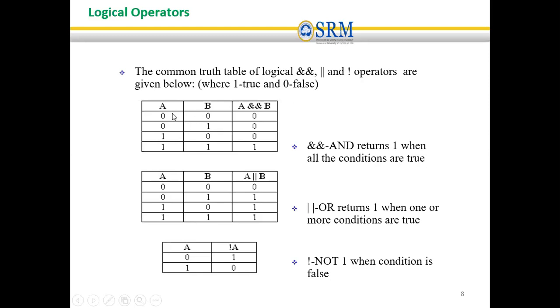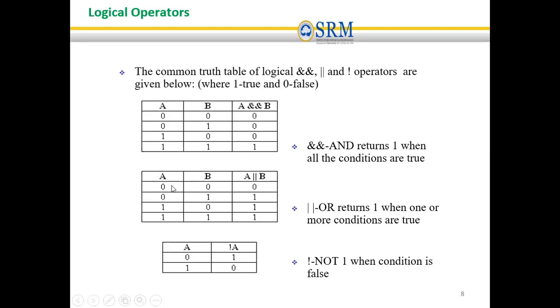So in the first table, A, B, A and B: 0, 0 is 0; 0, 1 is 0; 1, 0 is 0; and 1, 1 is 1. So AND returns 1 when all the conditions are true.